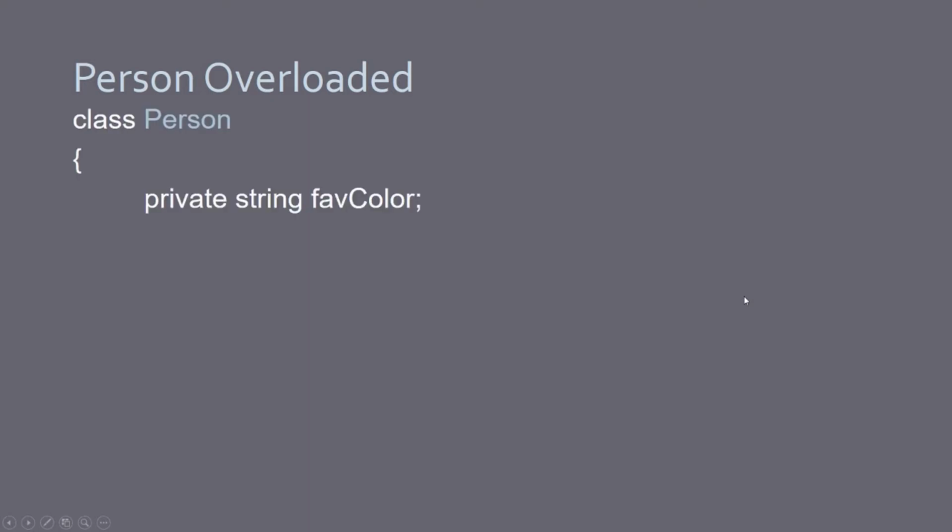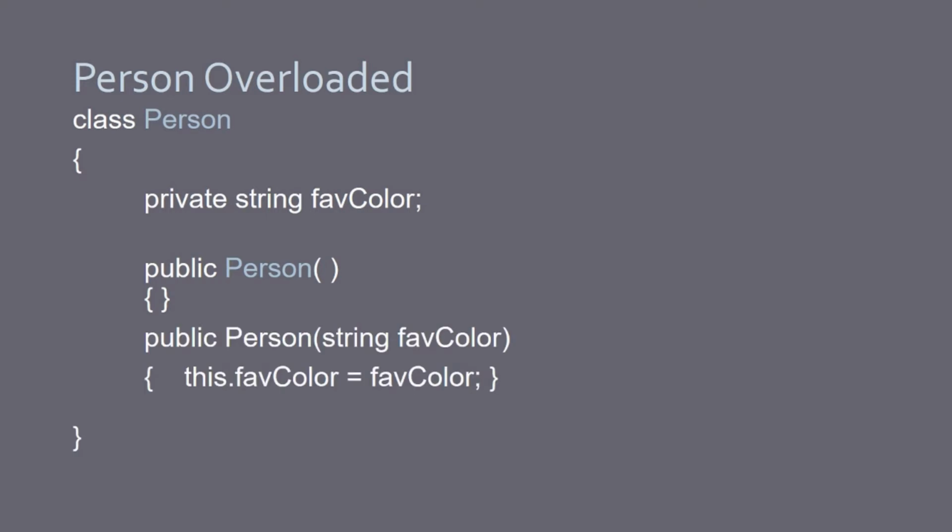Now in our person class, we created a constructor that creates an empty person instance, and then we updated it by using a mutator method. We could also create a constructor that accepts parameters, and that way we could set up our variable, or our object instance, with values already associated with our variable.